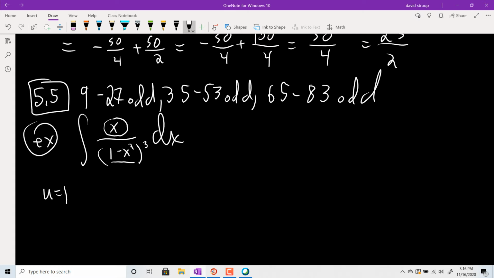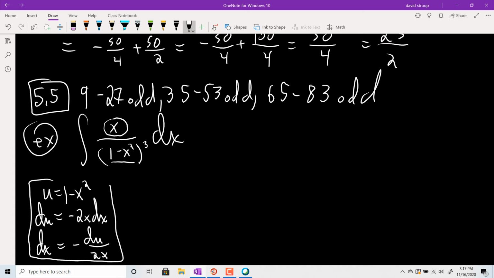So I let u equal 1 minus x squared, and then my differential, derivative of 1 is 0, derivative of negative x squared is negative 2x dx. So if you solve for dx, you'll note there's a negative 1/2 floating about, and we'll be able to get rid of that chain rule result in the numerator.